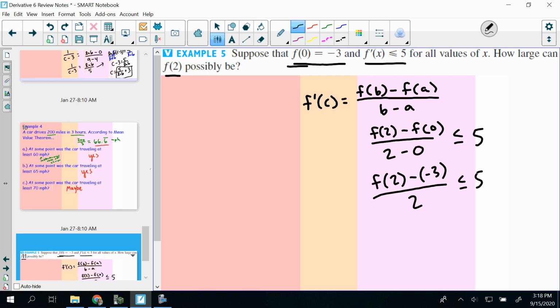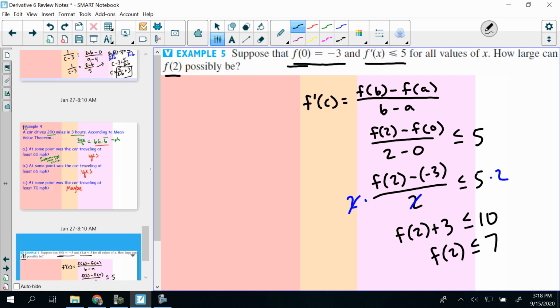So minus a negative, we can turn that into a +3. Also here, it's being divided by 2. Let's multiply both sides by 2. So now we know that this is less than 10. And if we minus 3 here, that tells us that f of 2 has to be something less than or equal to 7.